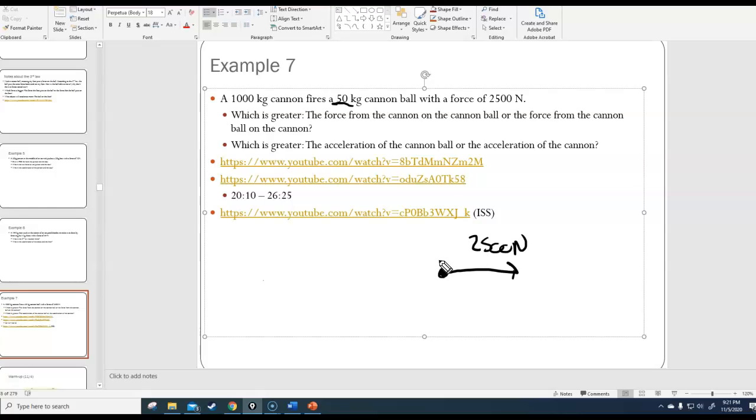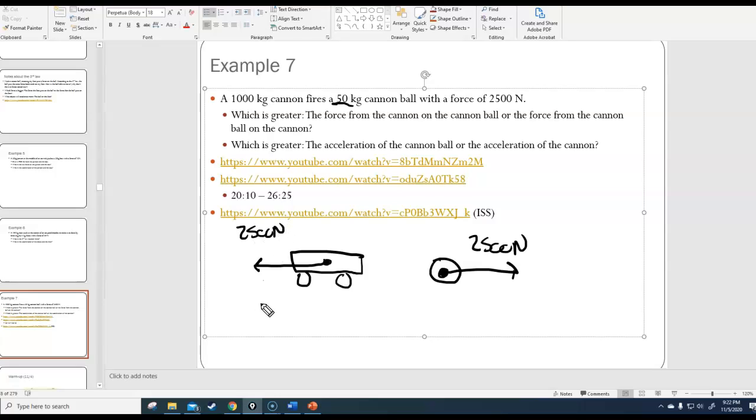And the cannon, which I definitely cannot draw a cannon. Let's say something like this. That's totally a cannon on wheels. For some reason, pretend that's a cannon. The cannon is also going to feel an equal and opposite force to the left of 2,500 newtons.